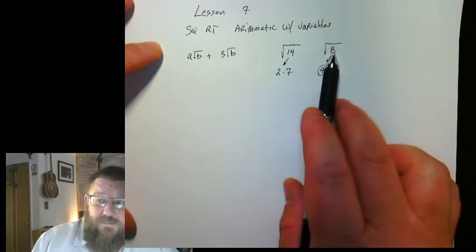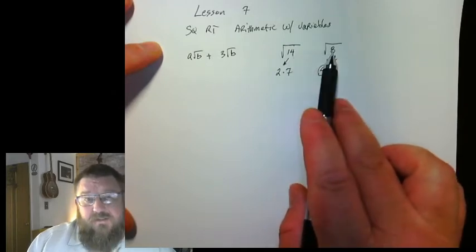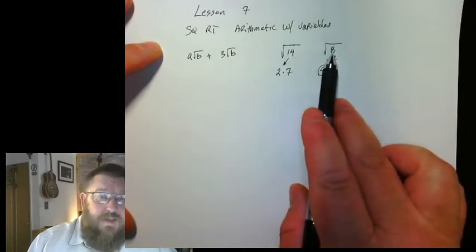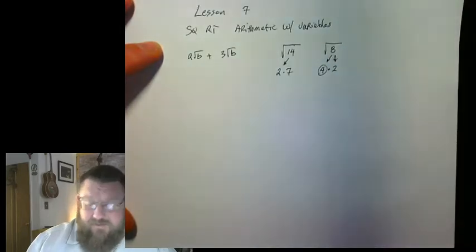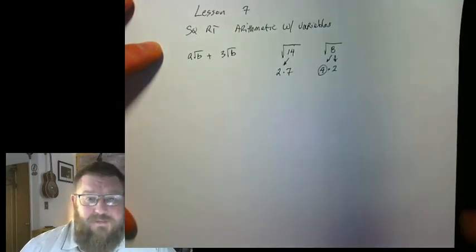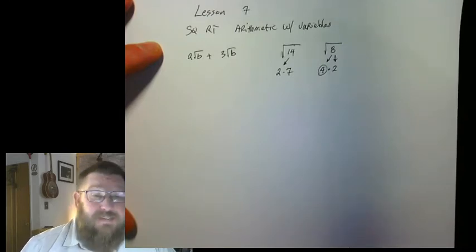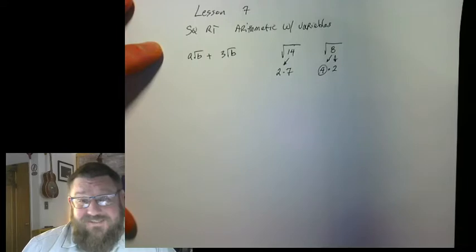It stays irrational, but can be simplified. So it's simplified if the radicand no longer has a factor that's a square number. Square numbers, once again, are numbers times themselves. 4 is the first one that really matters: 4, 9, 16, 25, 36, 49, 64, 81, 100. You got it, right?